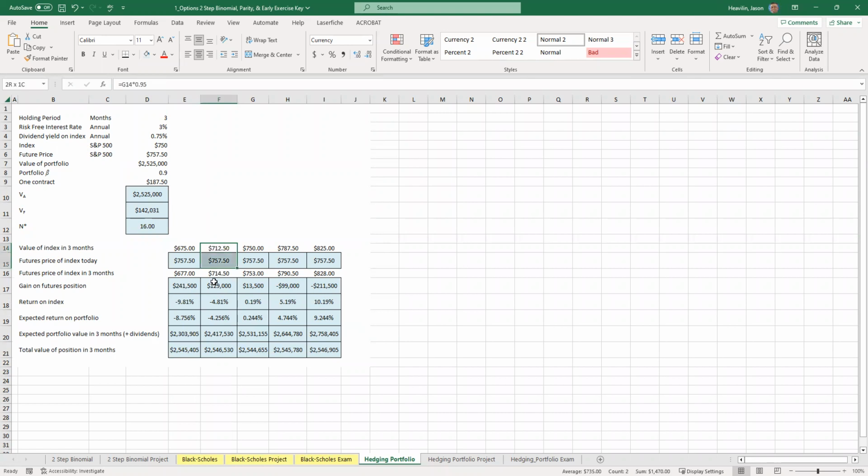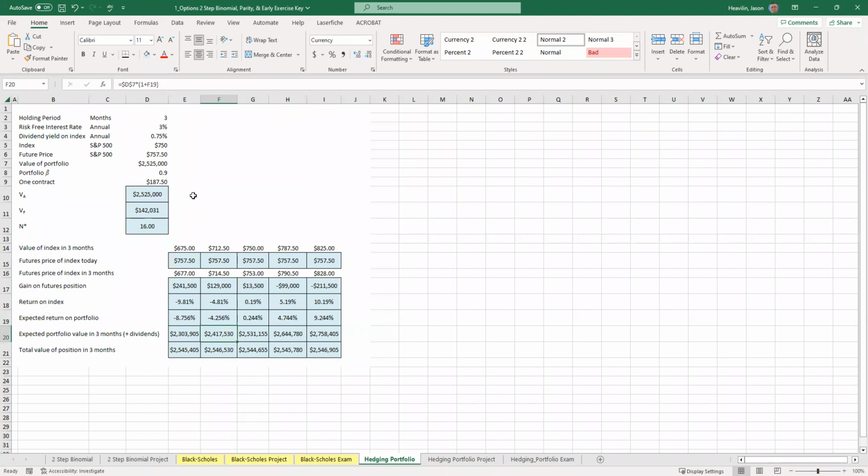So what you do is you repeat the scenario. You repeat the calculations with the different scenarios and you check what you have. Same thing here: the price didn't drop that much, so you still made money on the short, just not as much as here because the price drop was less. Then you calculate the return on the index, CAPM, for the expected return on the portfolio based on beta.